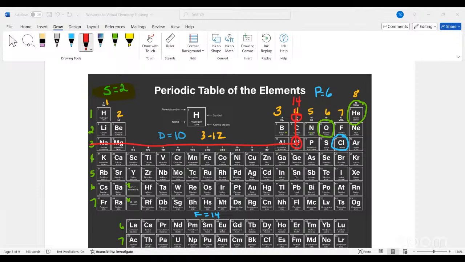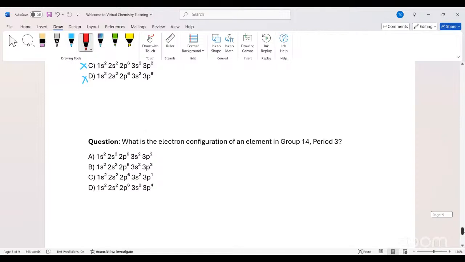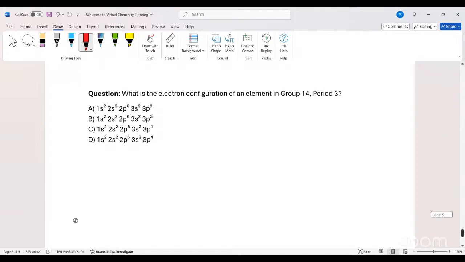So guess what that means if we were to look at our answer choices. Because silicon has 14 electrons, what you now have to do is go down here and count the elements, or excuse me, the configuration that has 14 electrons.